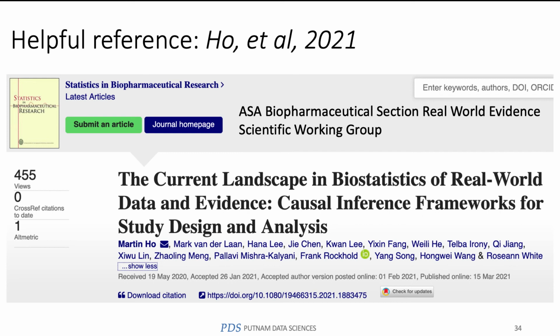If that's not your question of interest, though, if you want to say among subjects who can tolerate both drug A and drug B, what is that causal effect in that subpopulation, then you would have to formulate a different causal parameter, a different observed target statistical parameter that would now be that difference in that subpopulation, and then you would estimate that. So it's perfectly fine to have a different question in mind.